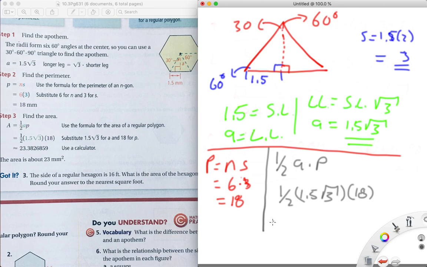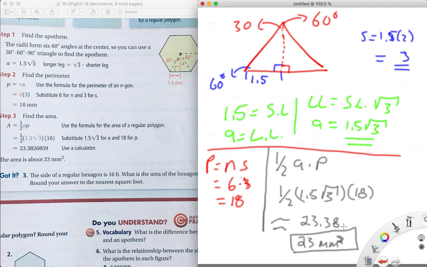That gives me, rounded to the nearest millimeter squared, 23.38, so 23 millimeters squared.